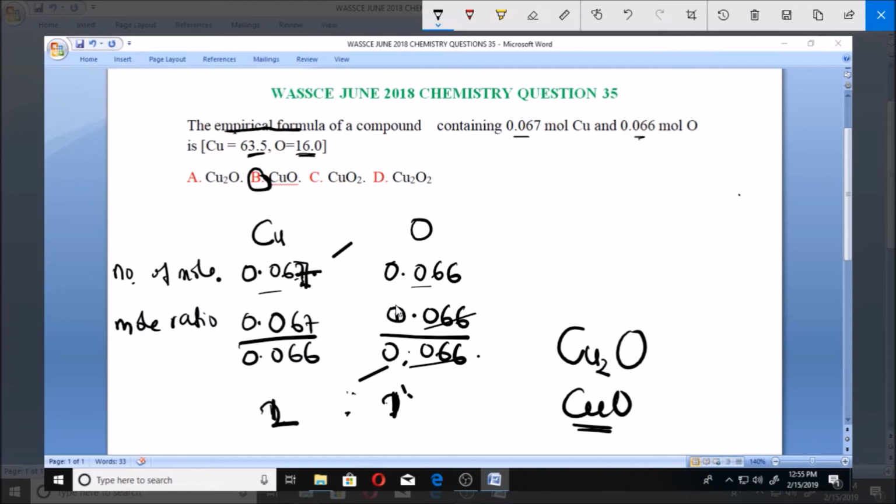You just get the mole ratio by dividing with the smaller one of the two moles that you're considering. In this case, it is 0.066. So if you divide through by 0.066, you're going to have 1 here and 1 here. So this makes this the right answer to this problem.